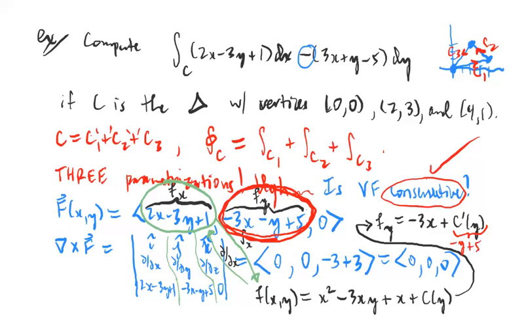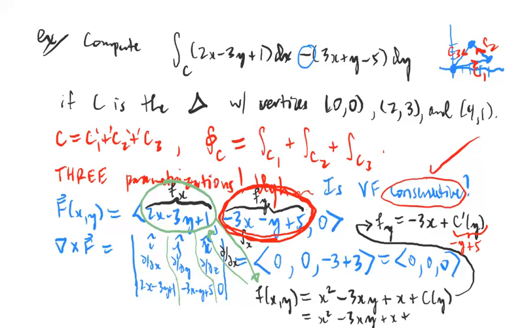Therefore, can't we figure out now what this thing has to be? So there would be x squared minus 3xy plus x, plus, if the derivative of this thing that depends on y is negative y plus 5, then what is the original thing? I would have to integrate with respect to y.